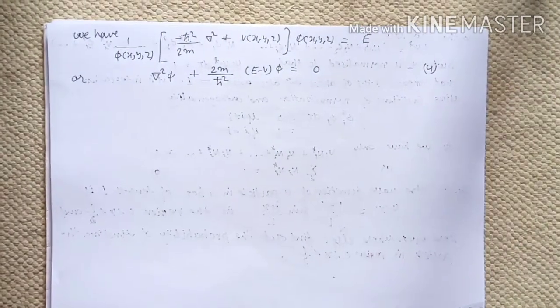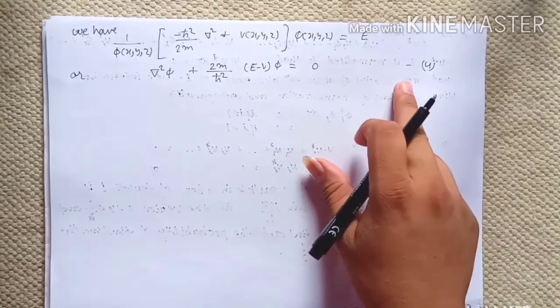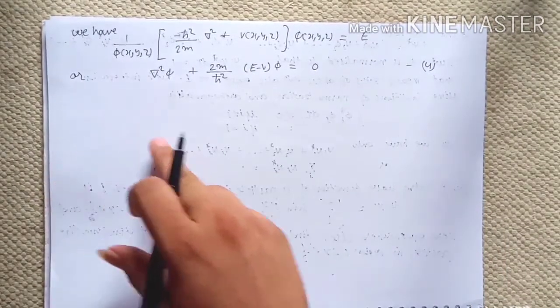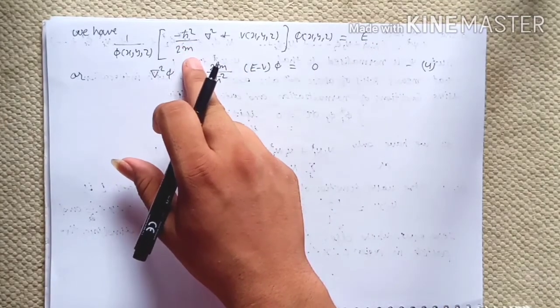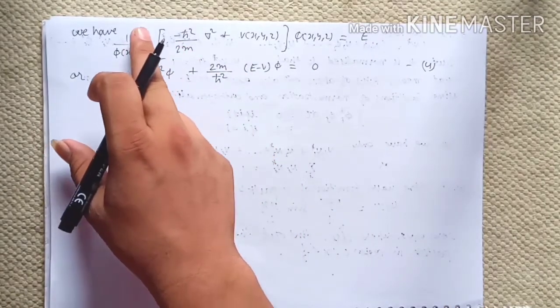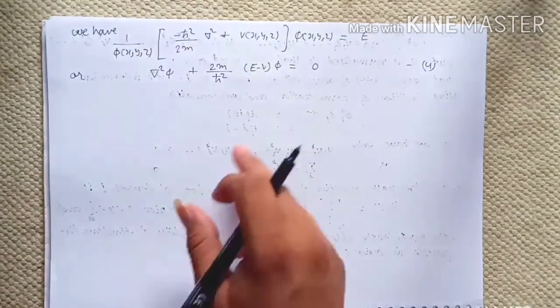Equation number 4. Here we have multiplied the whole equation by 2m by h cut square and multiplied by phi x y z, and we got equation 4.